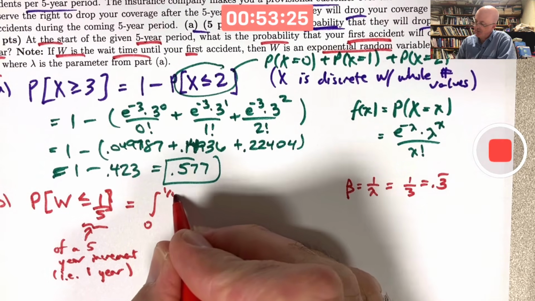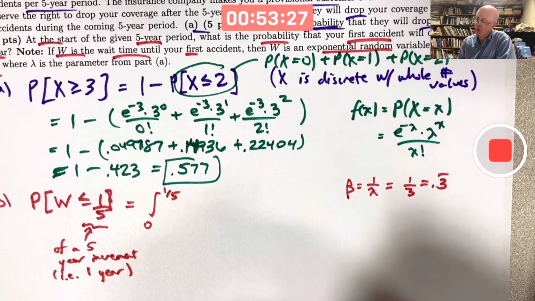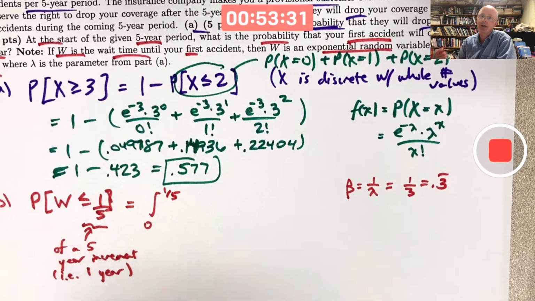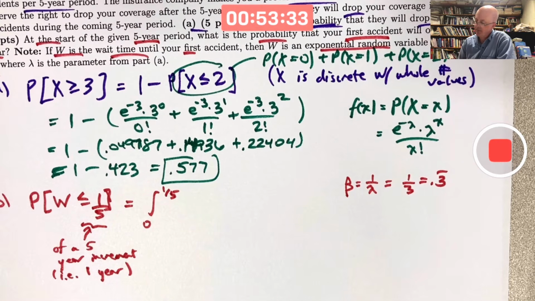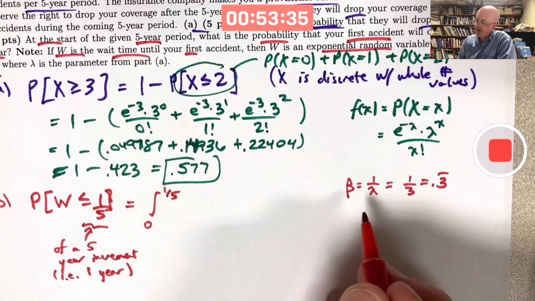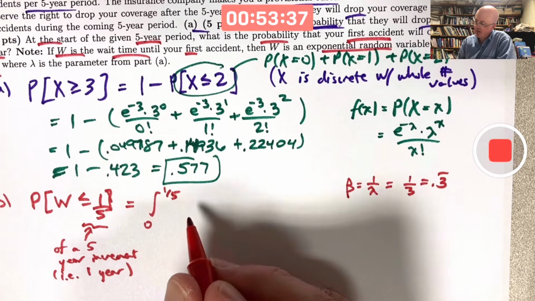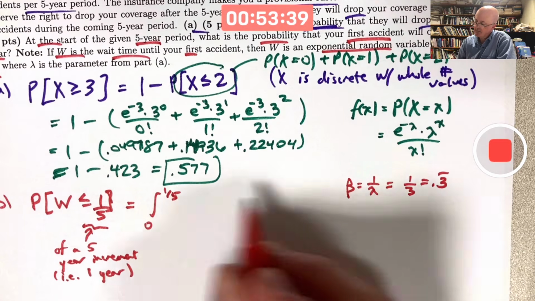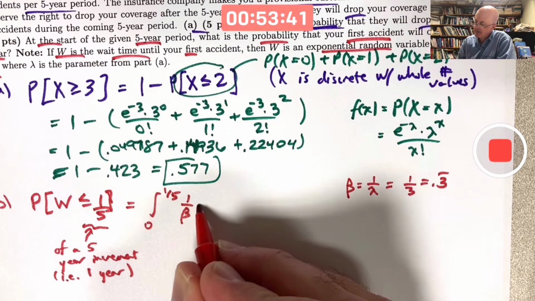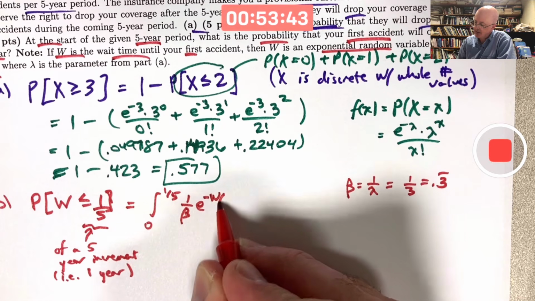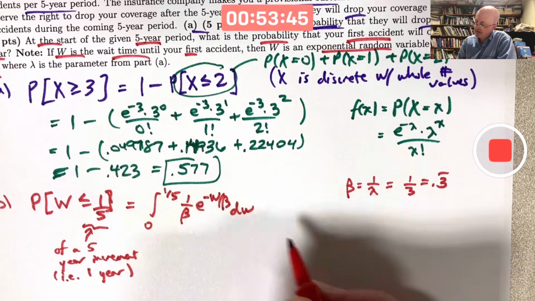Integrate from 0 to 1/5. 0.2 times 5 years would represent, again, 1 year. The PDF turns out to be 1 over beta times e to the negative w over beta, dw.